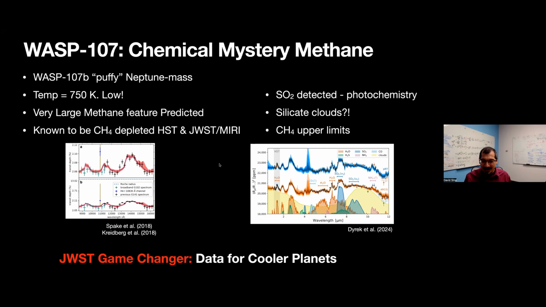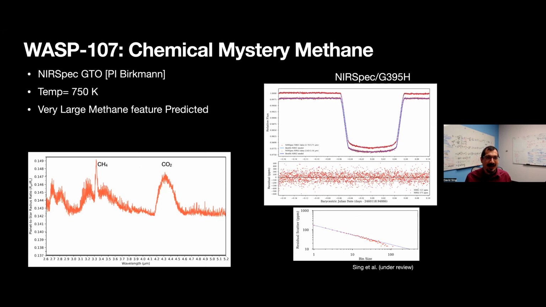So this brings me to some of the data I've been working on lately, and this is part of the GTO team for NIRSpec. The PI here is Stefan Birkmann. So here in NIRSpec, if the planet was near equilibrium, here's the very large methane feature we should see.